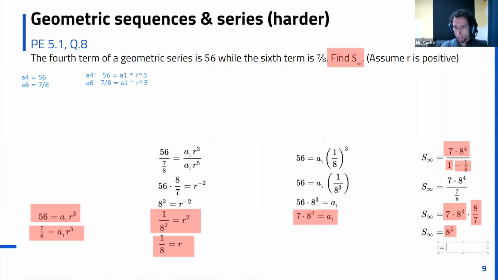Let's rewrite this as a power of 2. 2 to what exponent? 15. Okay, and then whatever that is, we can put that in there. All right, so our infinite sum here is 2 to the exponent 15. And we didn't need calculators or anything.